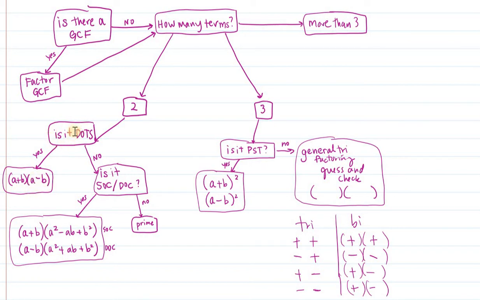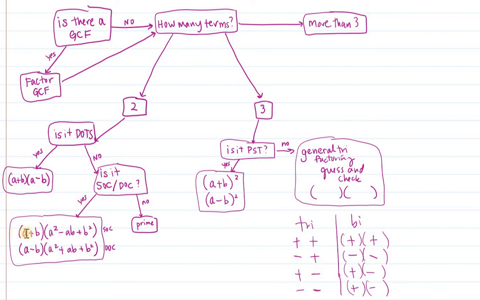If the answer to is it a DOTS is no, next you want to figure out, is it a sum of cubes, SOC, or is it a difference of cubes, DOC? So there you want to investigate, do I have 2 perfect cubes? And if you do, then it's a sum or difference of cubes. And these are the 2 patterns.